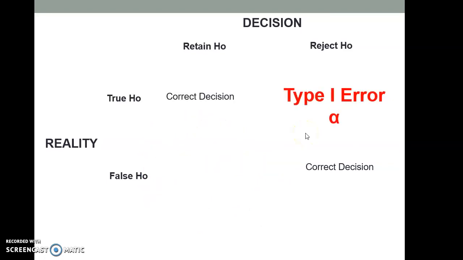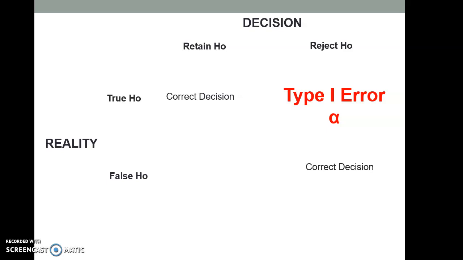So again, alpha error is an error we commit where we decide that there is a significant result, but in reality, there is no difference. For example, we decide that men and women differ in terms of attachment anxiety, but in reality, men and women do not differ.